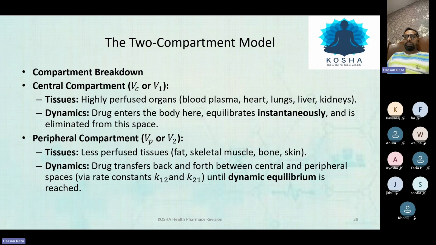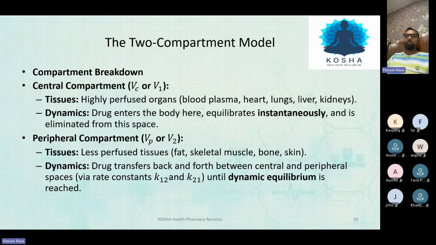As written here, the central compartment includes the blood, heart, lungs, liver, and kidney, which are highly perfused organs, and the peripheral compartments are the skeletal muscles, bones, and the skin. There will be a different elimination constant for all these phases. The volume of distribution in the central compartment we denote with VC, and for the peripheral compartment we denote it with VP.